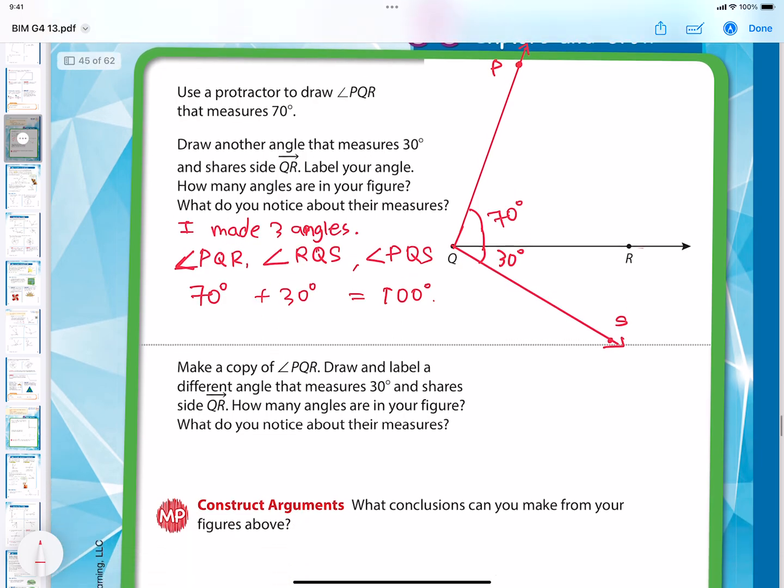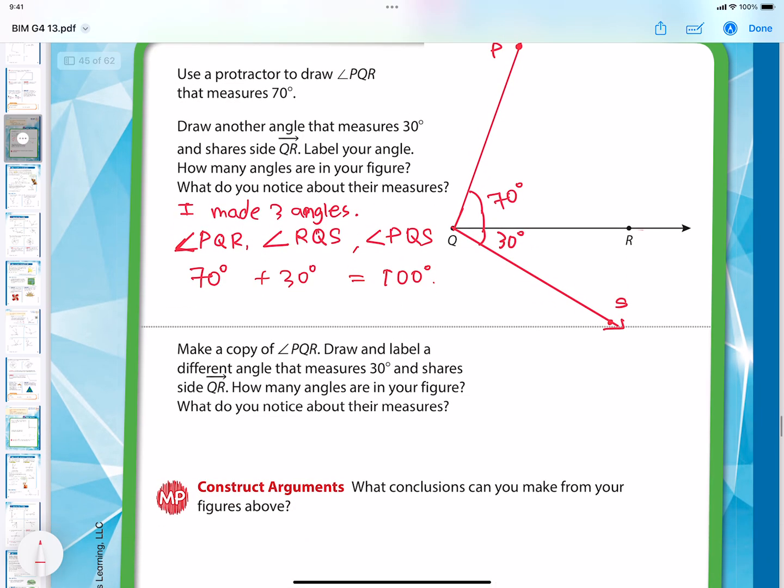And here, make a copy of angle PQR. Since you know how to draw this angle, I'm going to do it quickly. Here, let's say that's R and P, 70 degrees. I'm just going to copy this one, and let's say that's PQR.